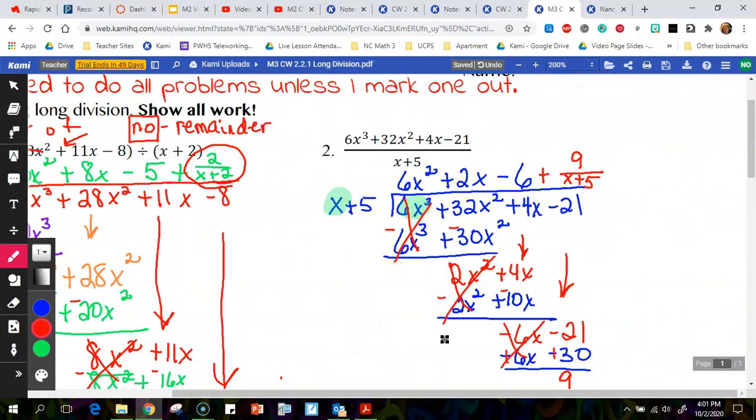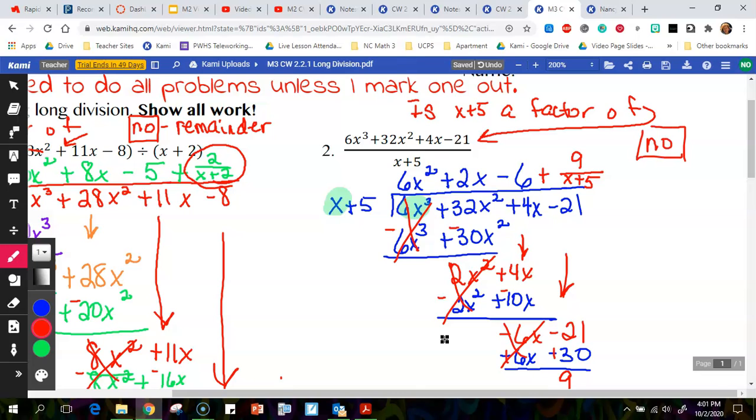All right, you might have a question that says, is x plus 5 a factor of that? The answer is no, because there's a remainder. You might also have a question that says, is negative 5 a root?